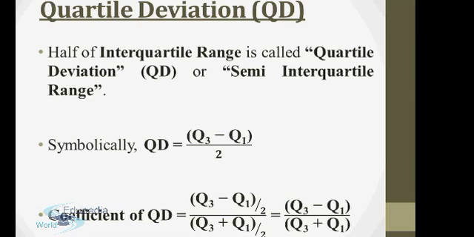The relative measure, that is the coefficient of quartile deviation, is given by Q3 minus Q1 by 2, that is the quartile deviation, divided by Q3 plus Q1 by 2, which simplifies to Q3 minus Q1 by Q3 plus Q1.